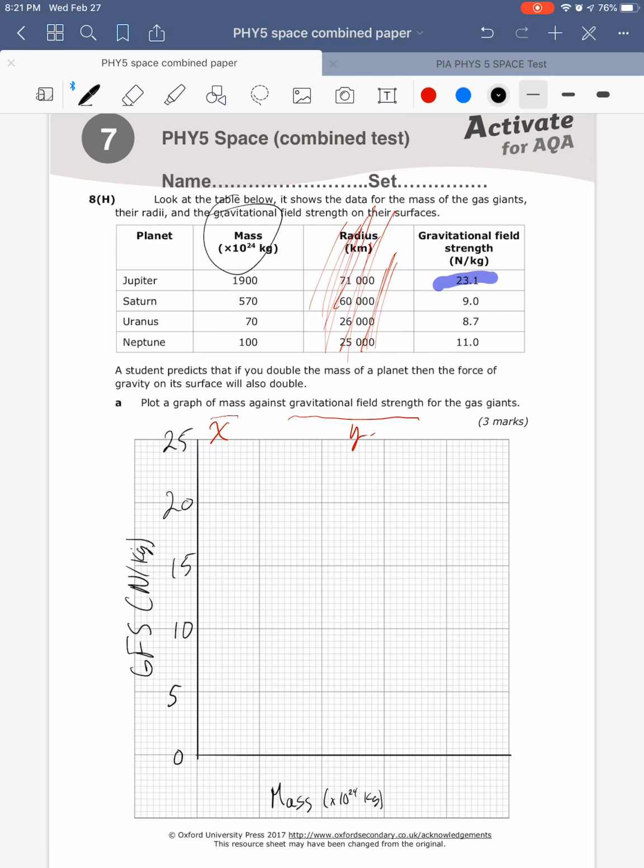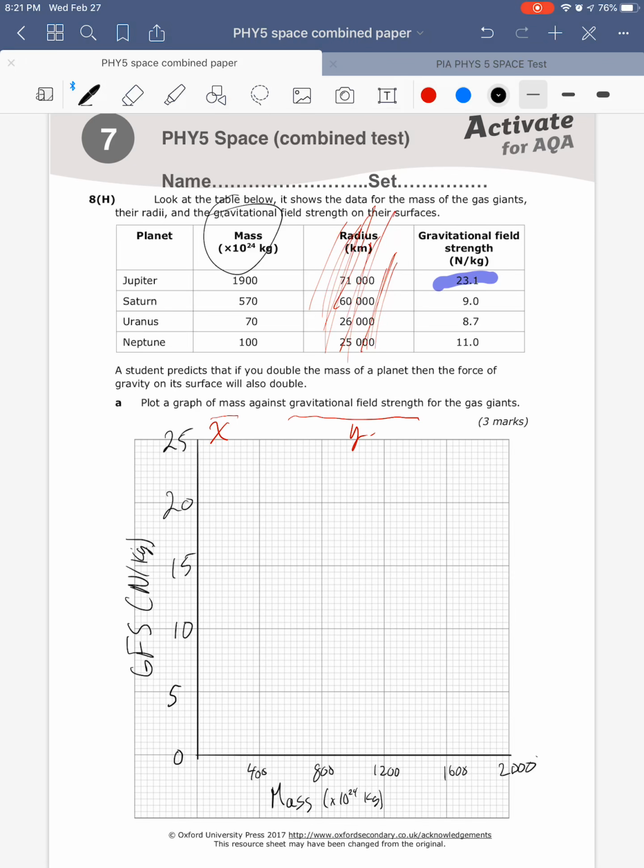I'm going to break convention a little bit here, and I am going to put 2,000 over here. I've got 5 divisions, so I divide 2,000, that's 400 for each. So 400, 800, 1,200, and 1,600.